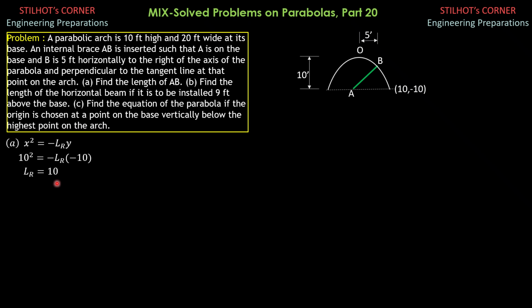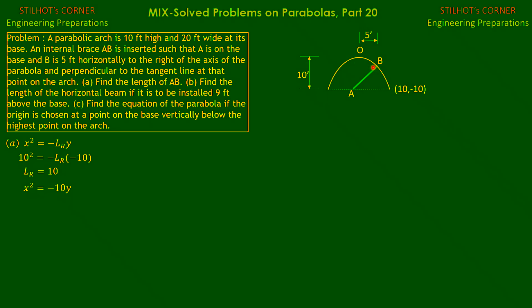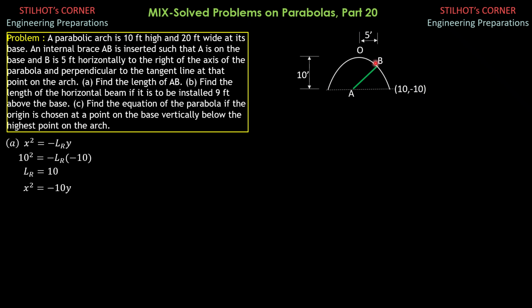Having found LR equals 10, we substitute it here. The equation of the parabola, if the vertex is at the highest point, the origin, is x squared equals negative 10y. We then find YB, the coordinate of point B, expected negative because it is below the origin. The coordinates of B would be 5 comma YB.